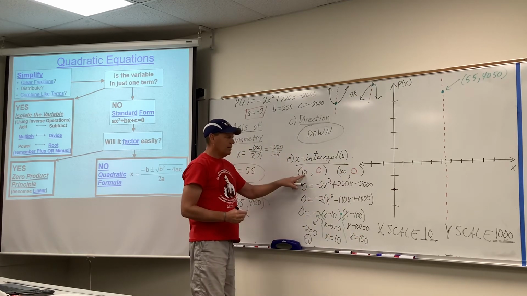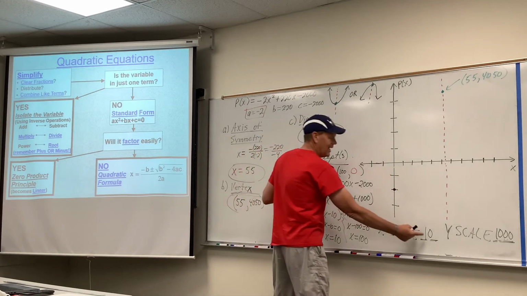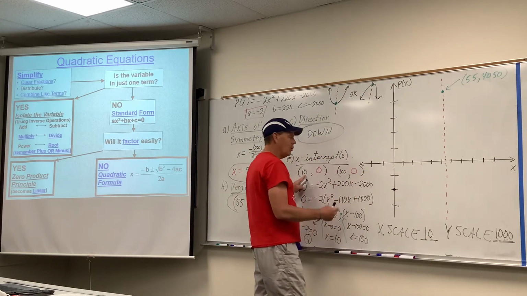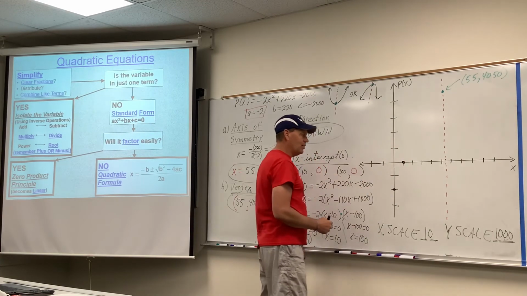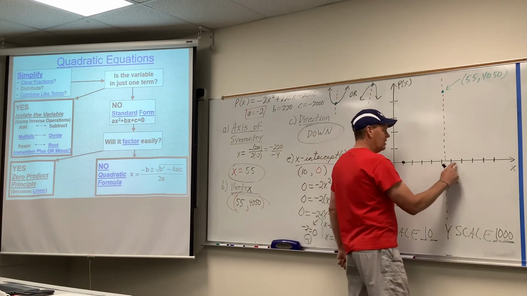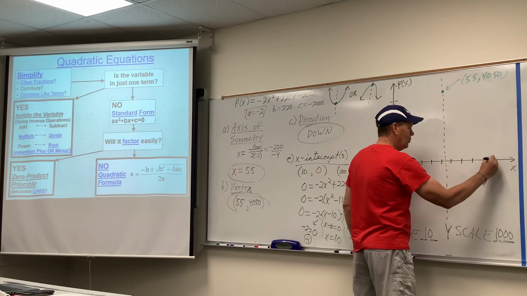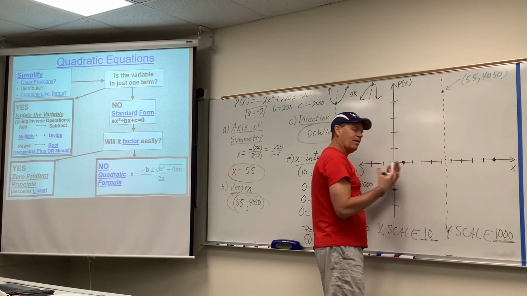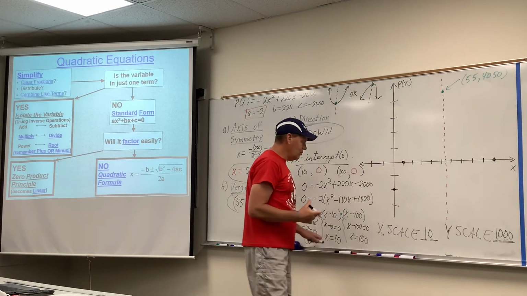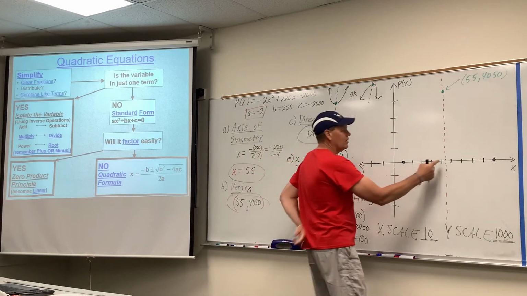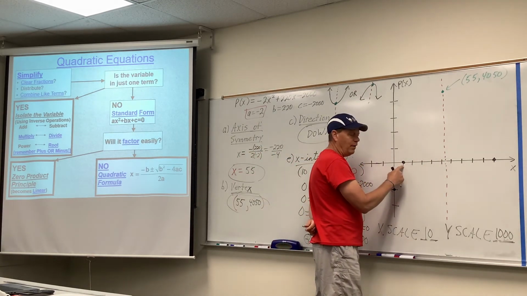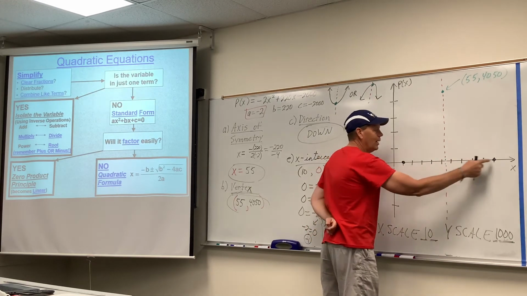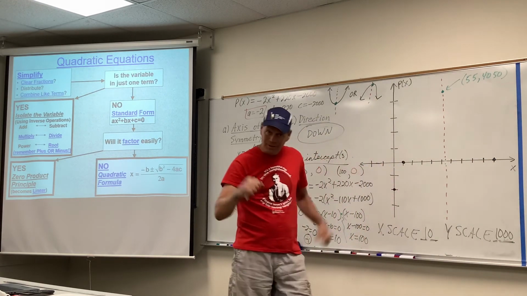Let's go plot these, keeping in mind we scaled the x-axis by tens. So the ordered pair (10, 0) would be right there, and the ordered pair (100, 0), let's see, 60, 70, 80, 90, 100, would be there. I always check for symmetry when I plot those. This is 55, so from 55 down to 10 is 45 units, and from 55 to 100 is also 45 units.